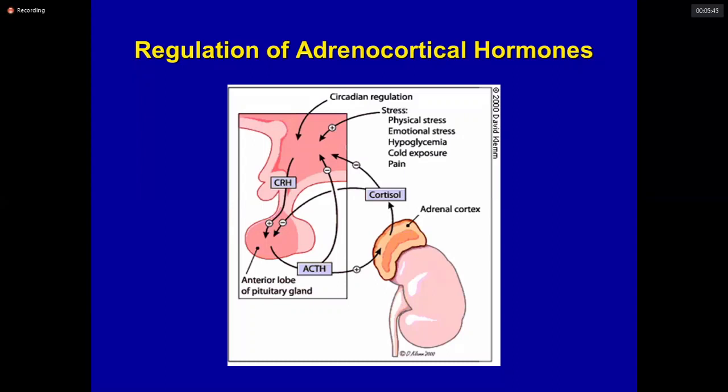And when we have enough amount of this hormone, that will be negatively inhibiting further release of CRH and ACTH, and that's how the axis is working.